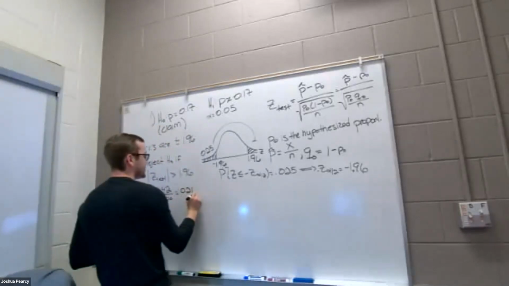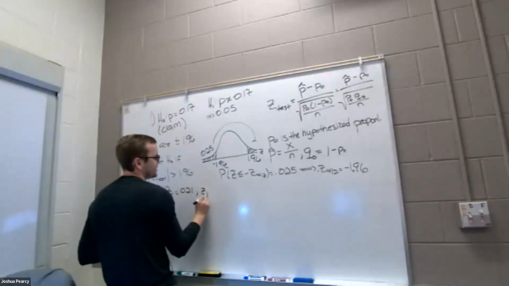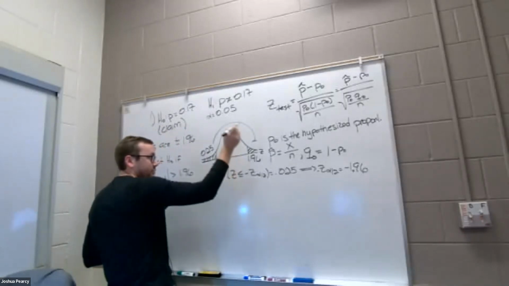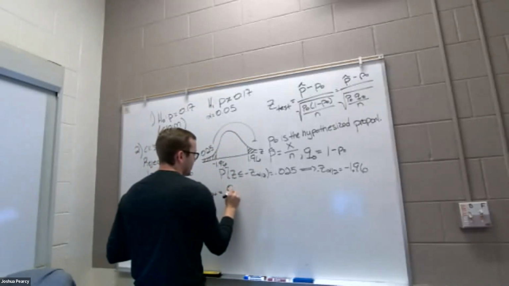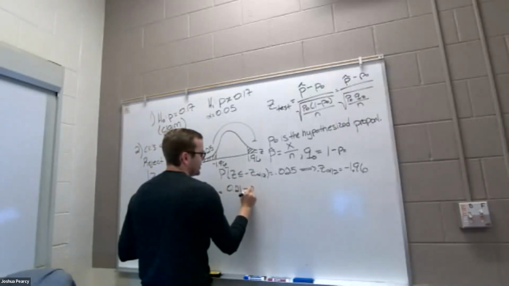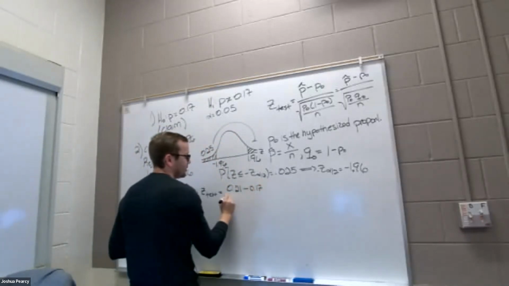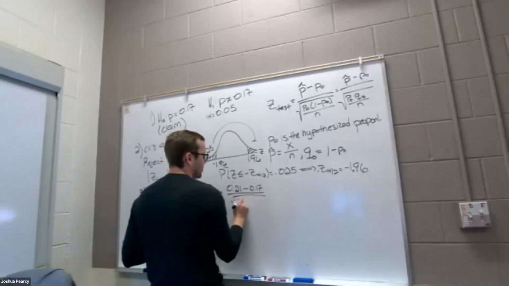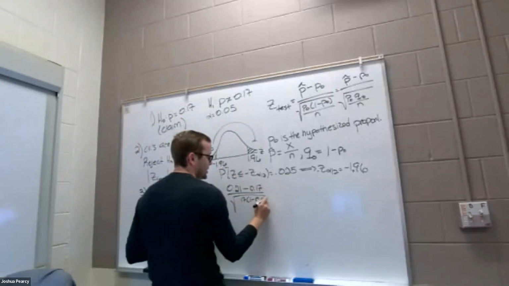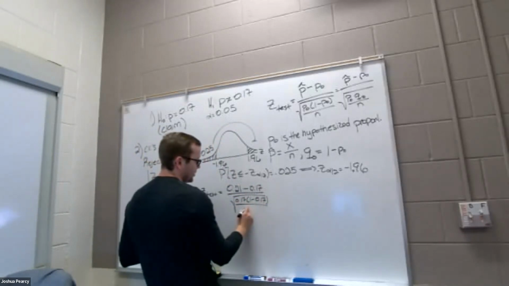Then finding the z-test statistic, just using that formula over there. P hat is 0.21. P naught is 0.17. And if we do that, 0.17 times 1 minus 0.17, divided by n, which was 200.